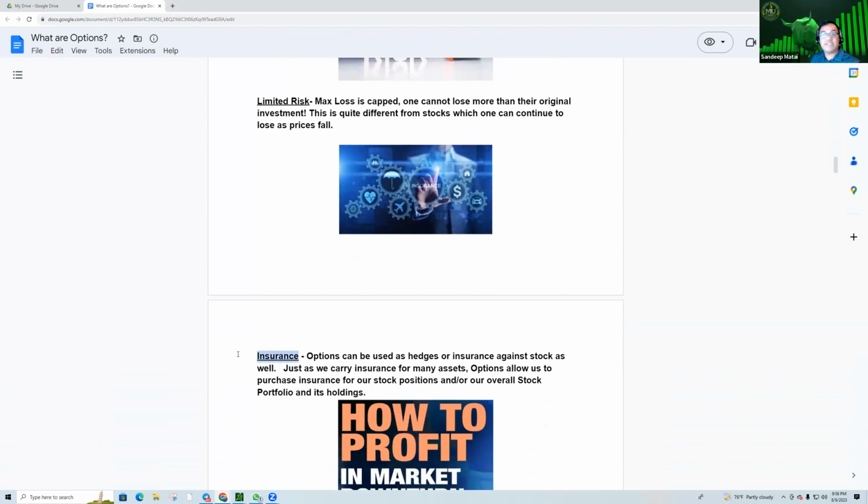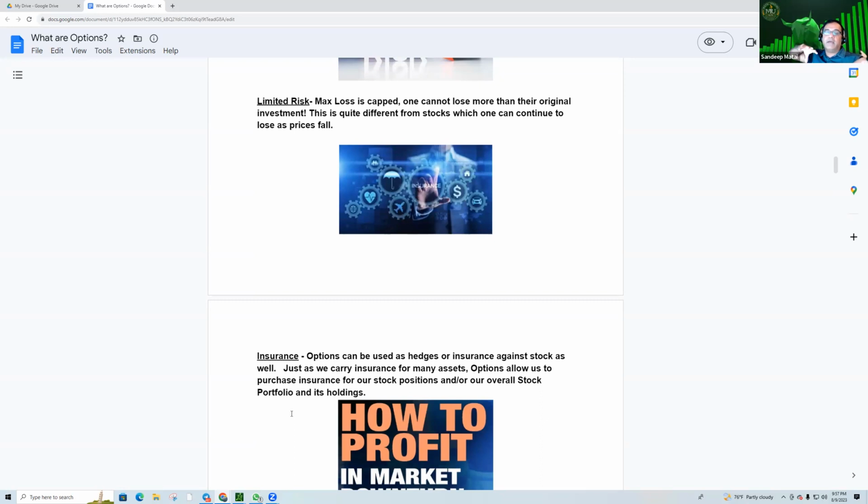Why else do we use them? We can also use them as insurance. They can be used as what we call hedges or insurance against stock. Just like we have insurance for our house or cars, you can buy insurance for your stocks. You buy puts, which are insurance for stocks, because if things fall, your puts get really juicy and profitable.